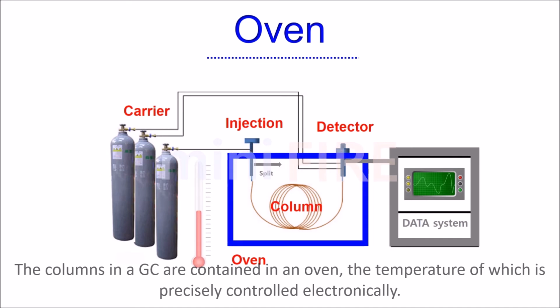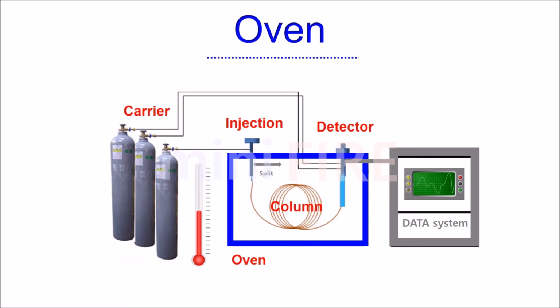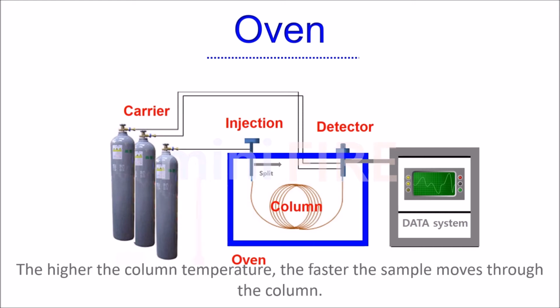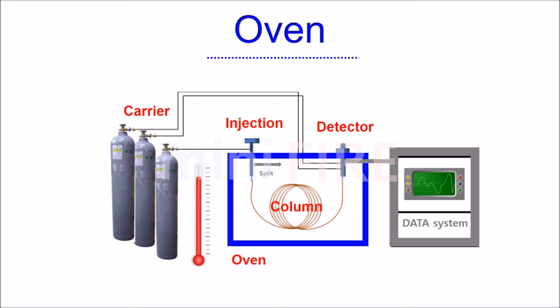The column in a GC is contained in an oven, the temperature of which is precisely controlled electronically. The rate at which a sample passes through the column is directly proportional to the temperature of the column. The higher the column temperature, the faster the sample moves through the column. However, the faster a sample moves through the column, the less it interacts with the stationary phase, and the less the analytes are separated.